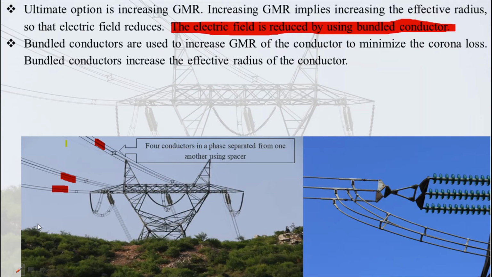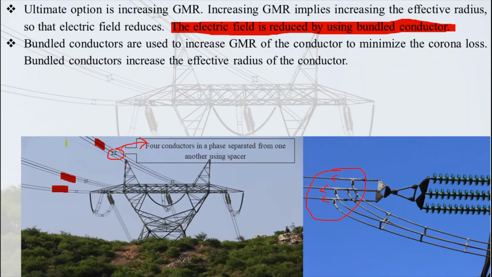And if we divide this conductor into a group of 4, then each conductor in the group will carry 25 ampere. This group of conductors belongs to the same phase, and this is the spacer. This spacer is used to separate the conductors of a group.